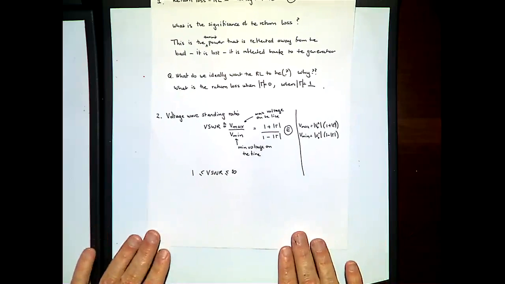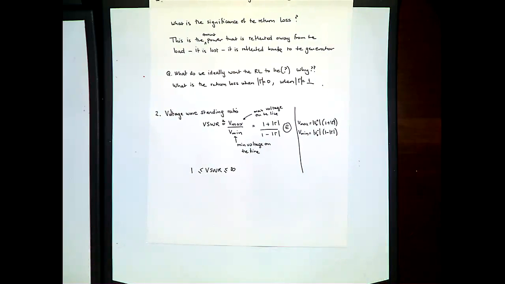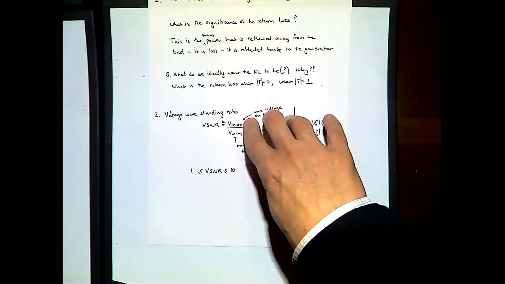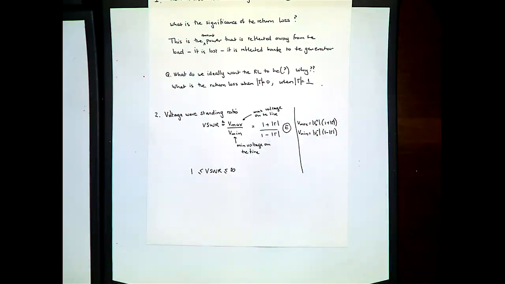Okay, so then the next thing that we define is this concept of voltage standing wave ratio, right? And that's something else which we'll go through in a few slides, especially on how to calculate it using a Smith chart in probably 3 lectures' time. But essentially the voltage standing wave ratio is the ratio of the maximum voltage to the minimum voltage that you expect on that transmission line, right?